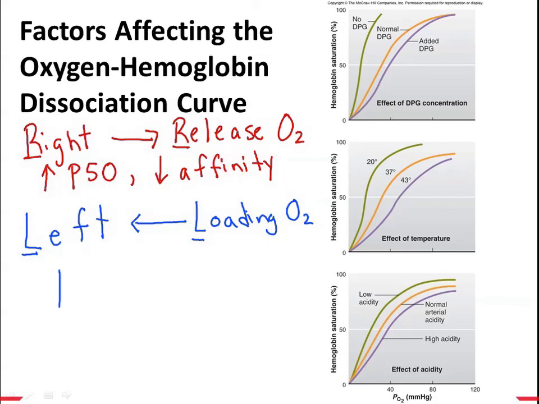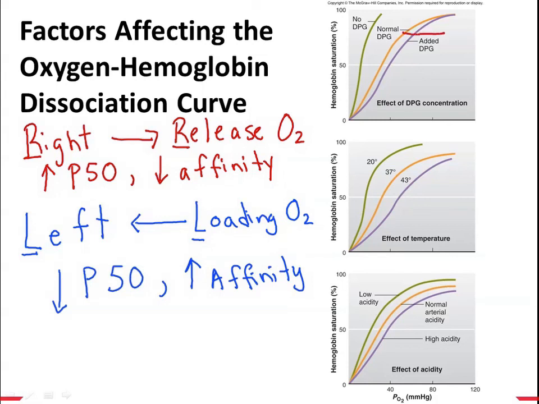And a left shifted curve is going to have a decreased P50, which means an increase in affinity of hemoglobin for oxygen. So in the left shifted curve, the hemoglobin is going to want to grab onto oxygen and load more oxygen onto the hemoglobin.